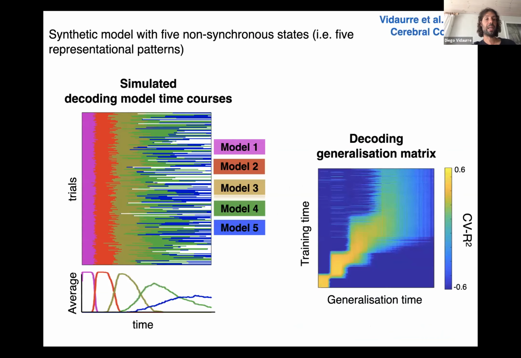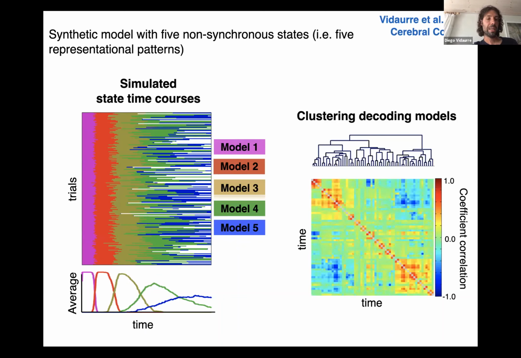So this is just an example. This is synthetic data where, without going into details, I show that these methods can give you a mistaken view of the data if the underlying effects were not time locked.